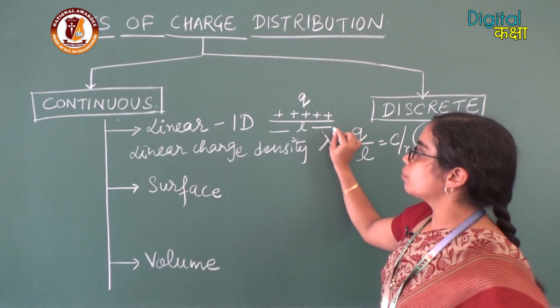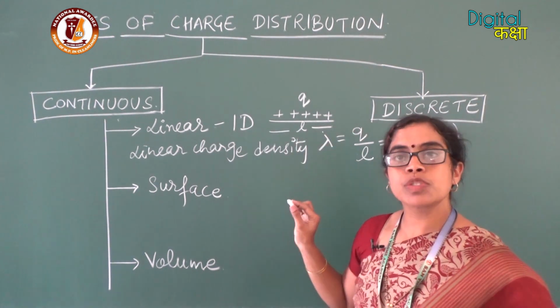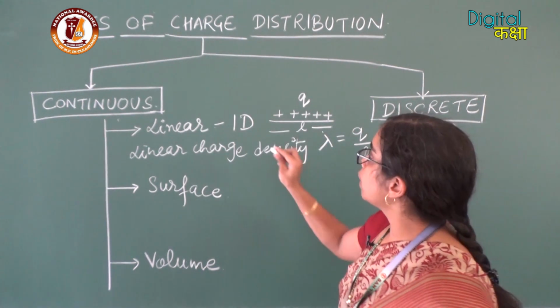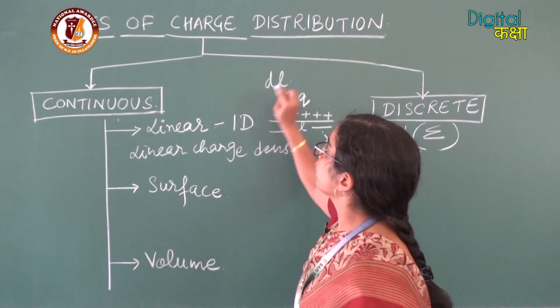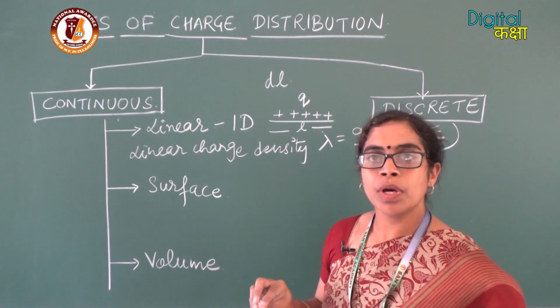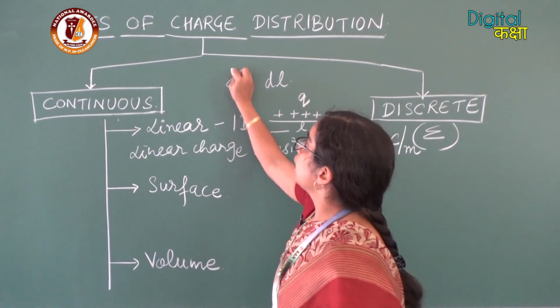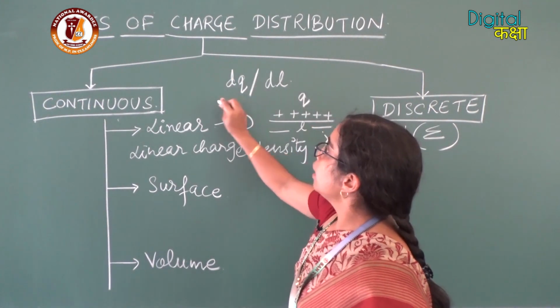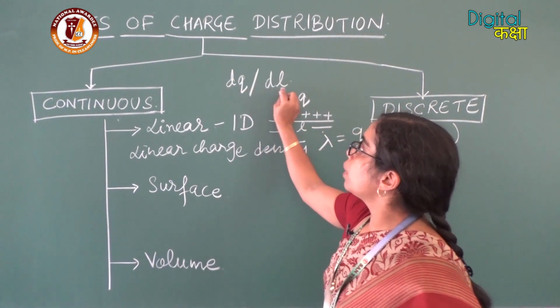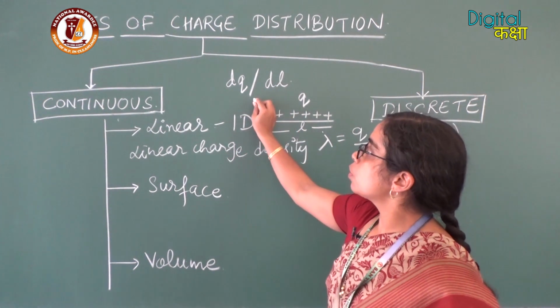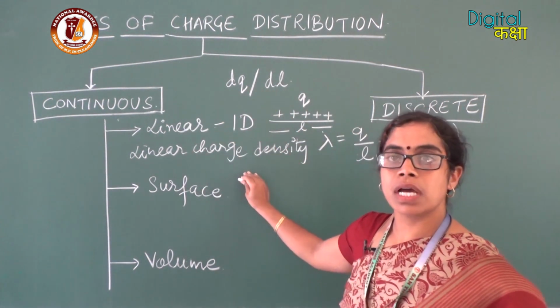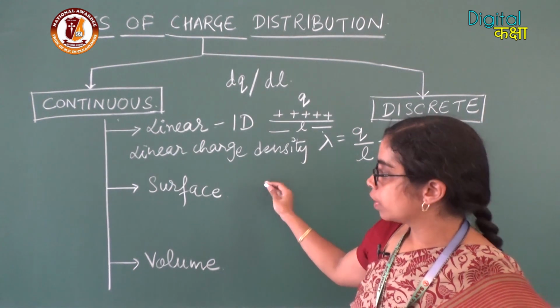If on this length of the wire I take a small portion of length dl, where a small amount of charge dq is present, then the value dq upon dl is also the linear charge density.